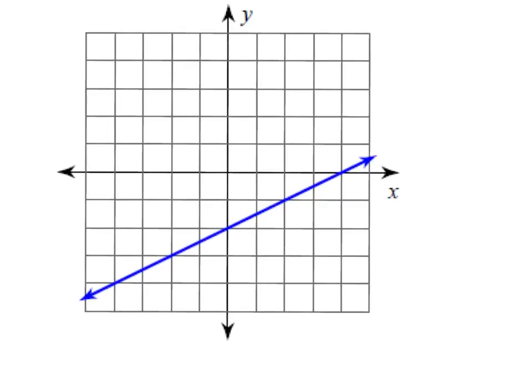All right, now let's take a look at the second example. First thing we want to do is identify where it is crossing the y-axis. When I look at it, we see that it's crossing the y-axis at negative 2. We know that it's negative because it's below the x-axis. So when we write our equation, we know it's going to be y equals something x, and we know it's going to be minus 2 because it's at negative 2.